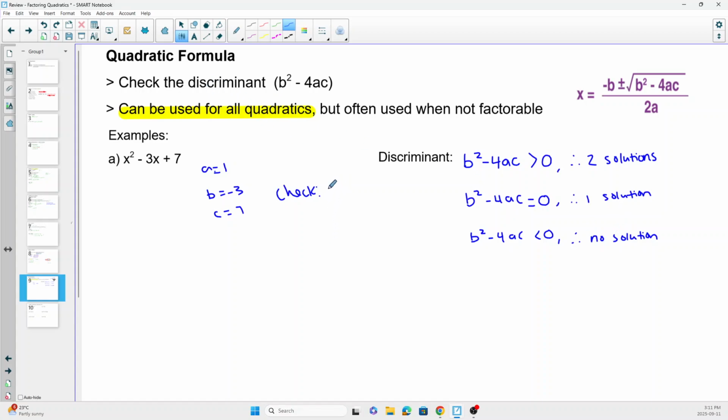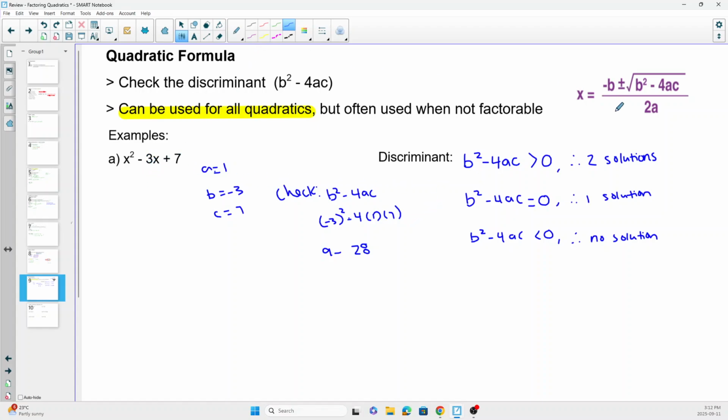So we have b squared minus 4ac, -3 squared minus 4 times 1 times 7. So -3 squared is 3 times 3, which is 9, minus 4 times 1 is 4, times 7 is 28. 9 minus 28 is going to give us a negative number. So this example here has no solutions. We are not going to go ahead and use the quadratic formula. It's not factorable. It has no intercepts.